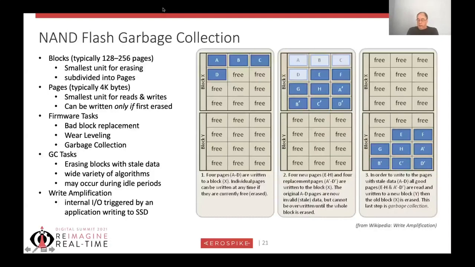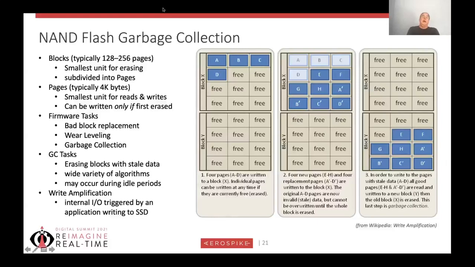I'm going to talk very briefly about garbage collection. The key thing to understand is there's a hierarchy on NAND flash drives. There are the pages, which are typically 4K bytes. This is the smallest unit for reads and writes. This is what you're used to.